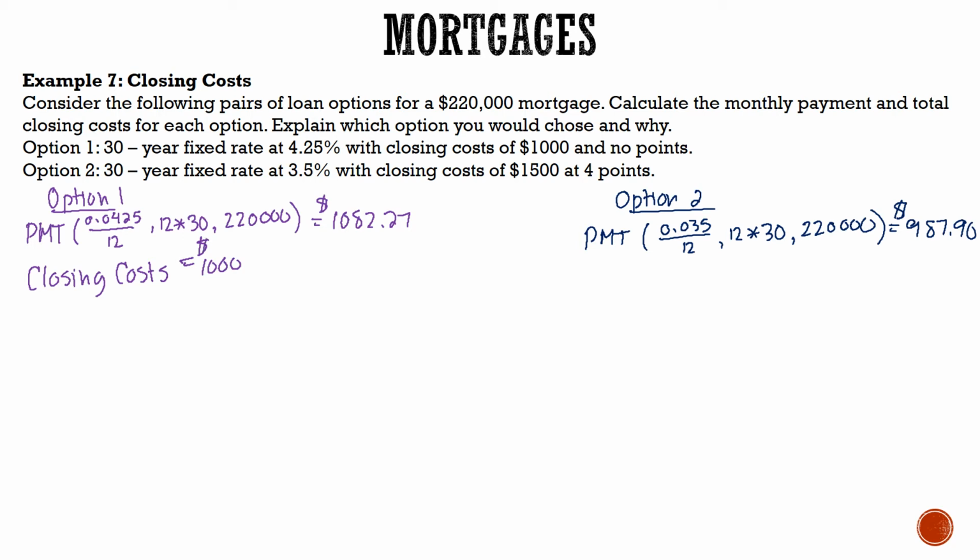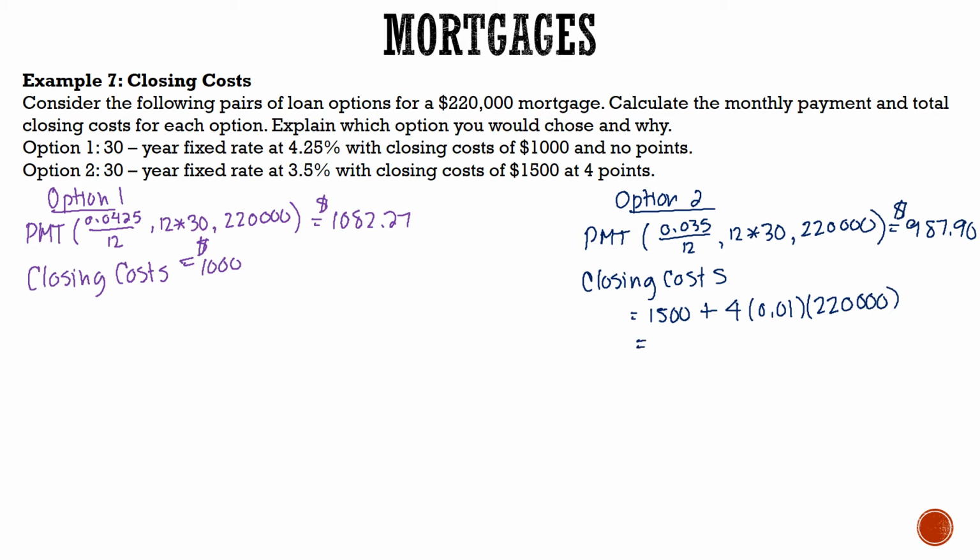In option 2, however, the closing costs are going to be a combination of those fees of $1,500. So that'll be $1,500 plus 4 points. So remember, each point is 1% of our loan amount. So we're going to have 4 of those 1% of $220,000.